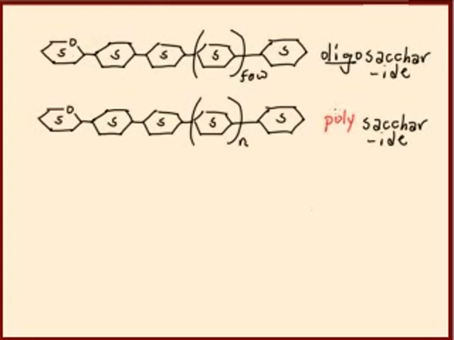We've already seen our disaccharides and our monosaccharides. On this slide, we're going to look at some polymers of glucose. The glucose polymers can exist in a variety of forms.